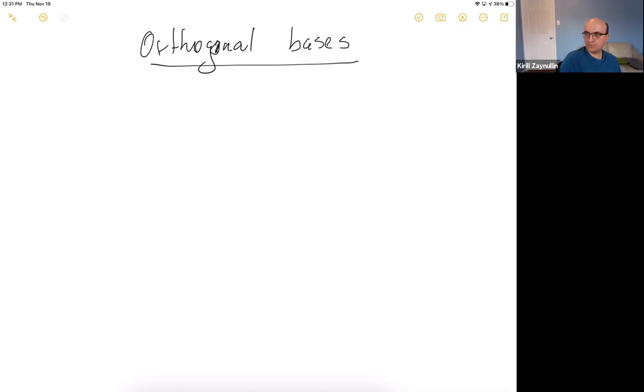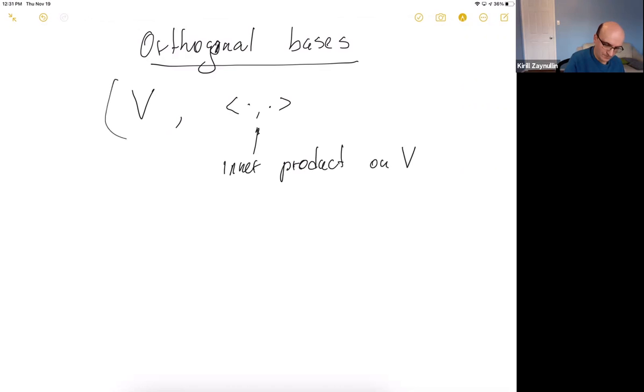Again, what I would like to do is fix an inner product space, so a vector space V together with some inner product on V. Okay, so this is an inner product space. And again, this is all happening either over R or C, it doesn't matter, so over these 2 fields.